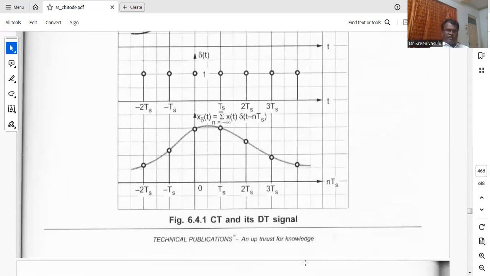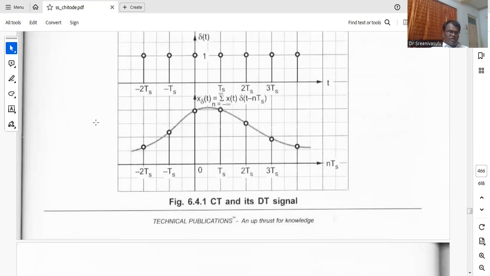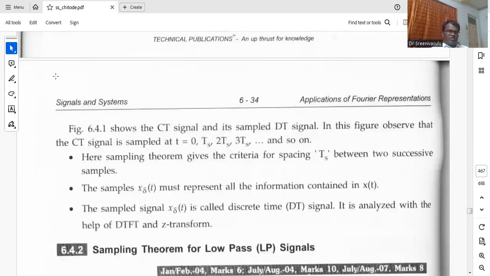Whenever we multiply these two, the amplitude we get at these impulses still follows the continuous time signal. In the periodic impulse train, the amplitudes are 1. Now, the amplitudes of the samples of the sampled signal are not the same, because they follow the continuous time signal amplitude. So that is the idea of converting a continuous time signal into a discrete time signal.